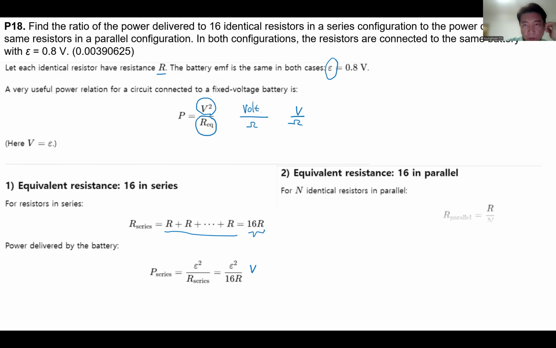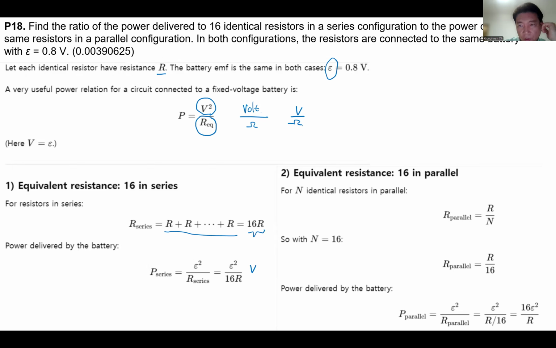And what about the equivalent resistance of 16 in parallel? Then we get this formula. Remember that. Okay, so our parallel is given by R over 16, so in this case, our parallel is given by this formula.